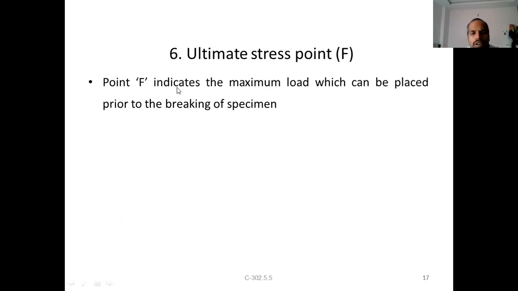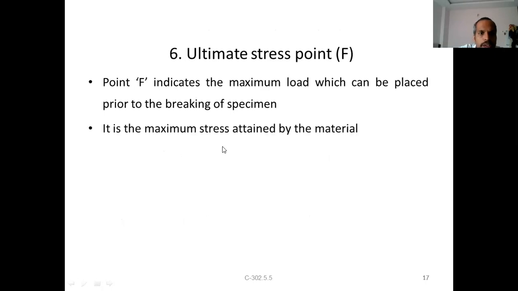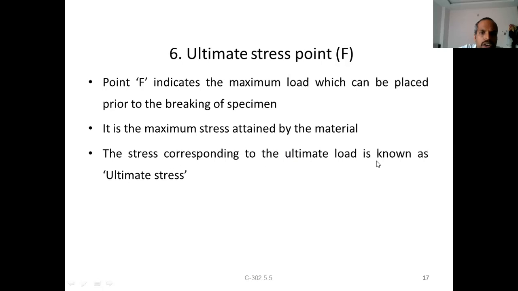So that point we are calling the ultimate stress point, or ultimate point. It is the maximum stress attained by the material. The stress corresponding to the ultimate load is known as the ultimate stress, where ultimate load means the maximum load applied in the curve. So that point here is nothing but the ultimate load.